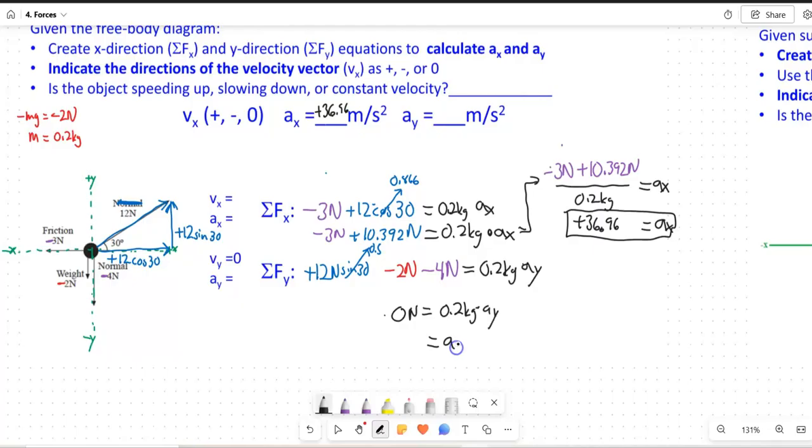So divide 0 by 0.2 kilograms and you get 0 meters per second squared. So this is 0. So that means we know this is 0. This is positive 36.96.